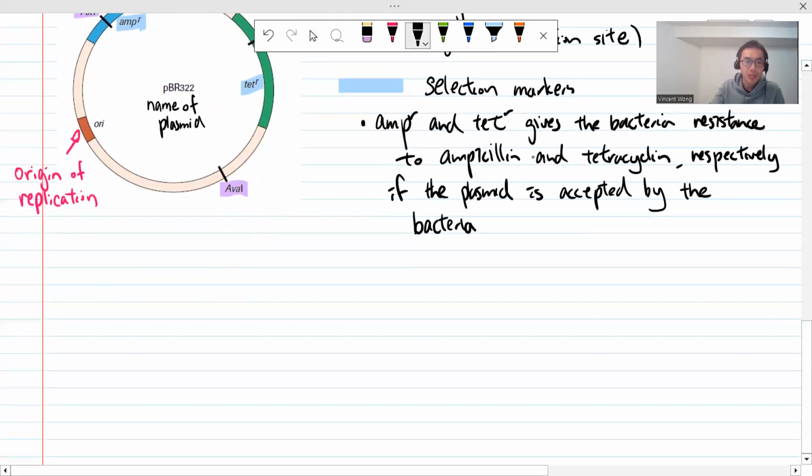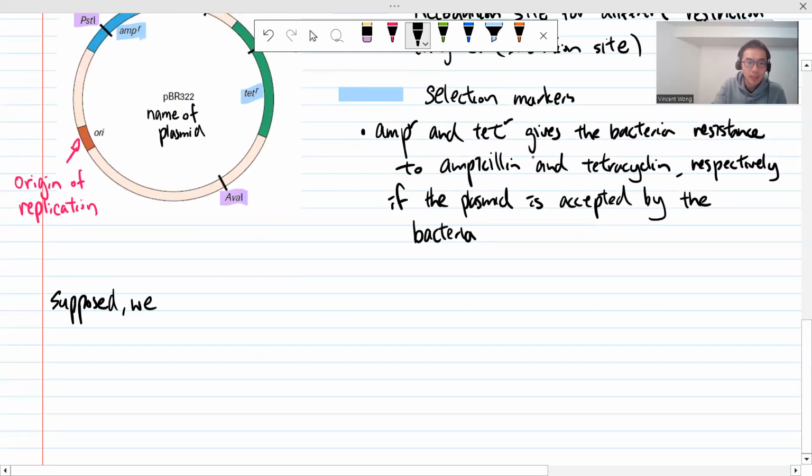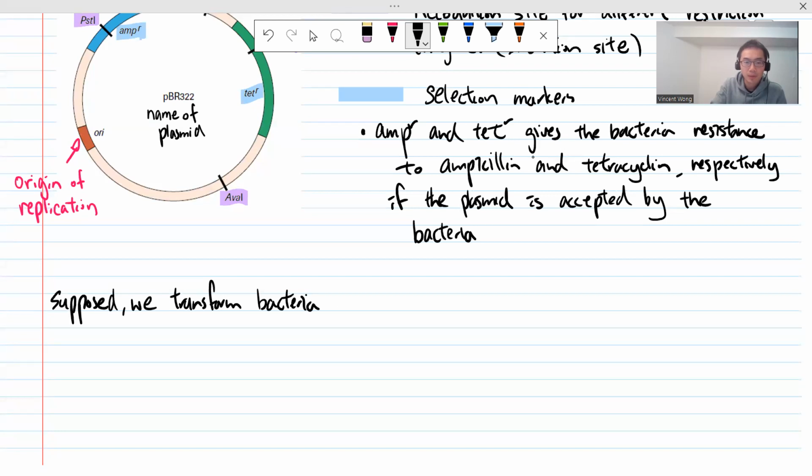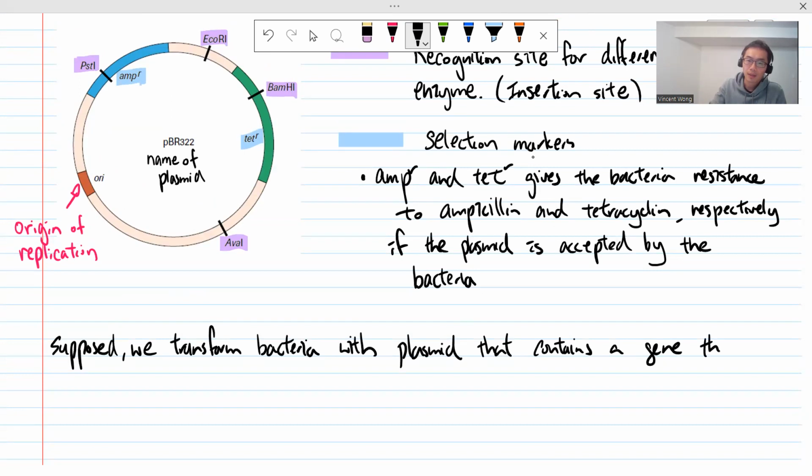All right. So let's take a look at what happened. Okay. Suppose we transform bacteria with a plasmid that contains a gene that was inserted using EcoRI.